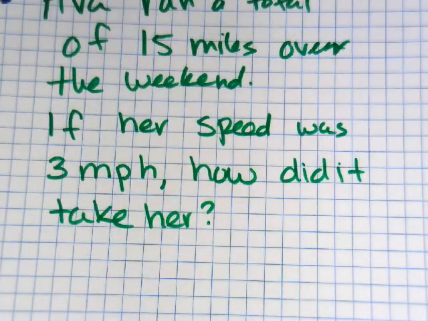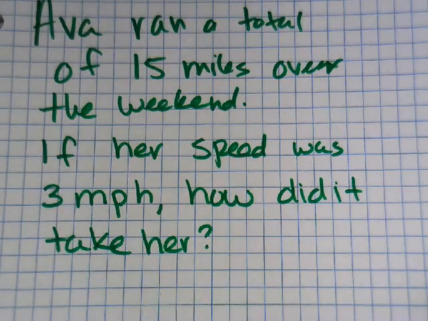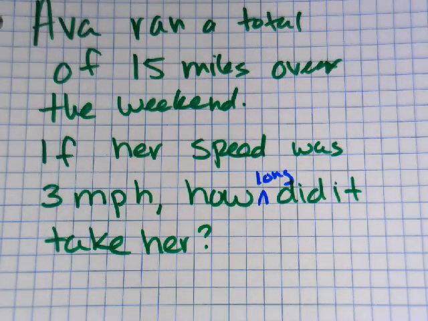Right? Because don't you already know the speed? Yeah. Do you already know the distance? Yeah. So the only thing I have to ask you is, how long? Oh my god, I forgot the key word in all of this. How long did it take her?